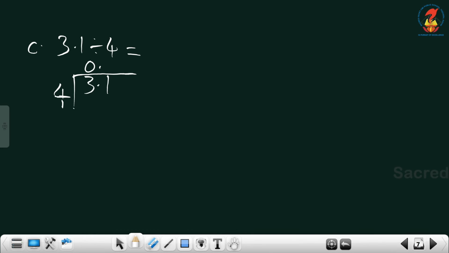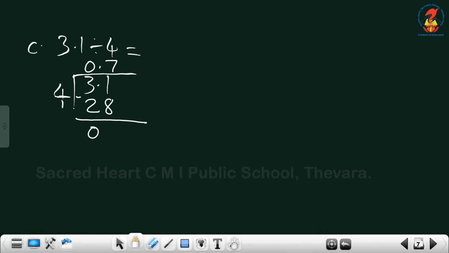I need to consider 31 only, right? Okay, 4 into which number equals 31? 4 7s are 28. And after that the remainder is 3 only. And if the remainder comes in the division of decimal numbers, what do we want to do? We need to add one 0 in the dividend. After that we need to take that digit also down.